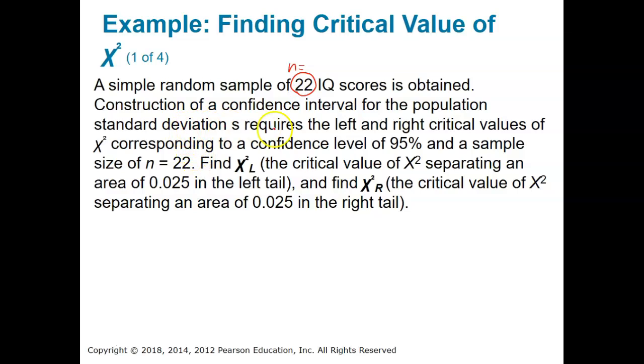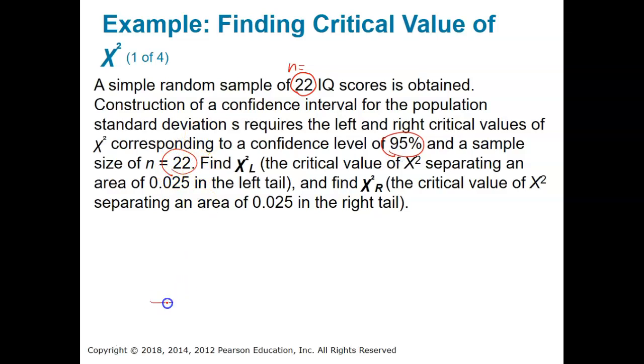We want to construct a confidence interval for the population standard deviation sigma that requires the left and right critical values of chi-squared corresponding to a confidence level of 95% and a sample size of 22. So the main two things that we need to think about right now in getting our critical values are the confidence level and the sample size.